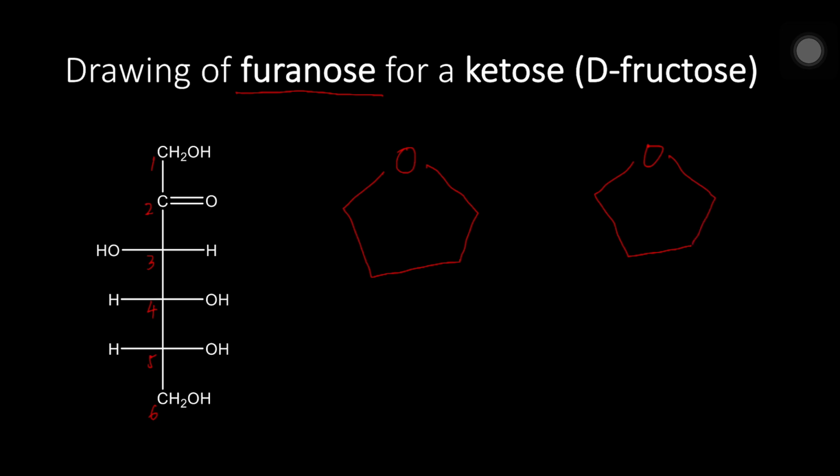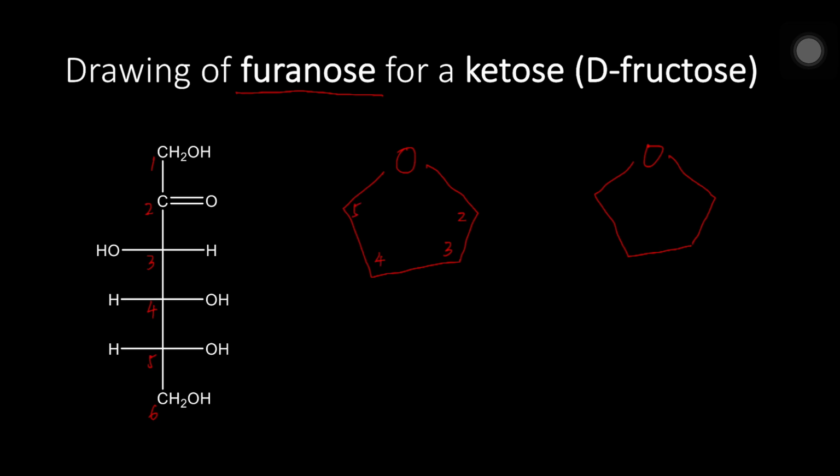Now we have to do the numbering in the ring, starting with the carbonyl carbon. In ketose, the carbonyl carbon is carbon number 2, so we start the numbering with 2 here: 2, 3, 4, 5.